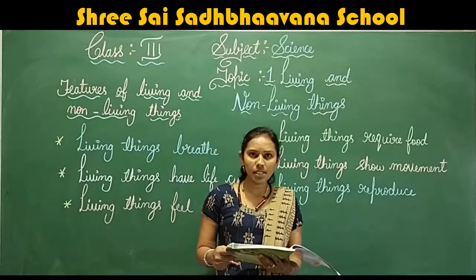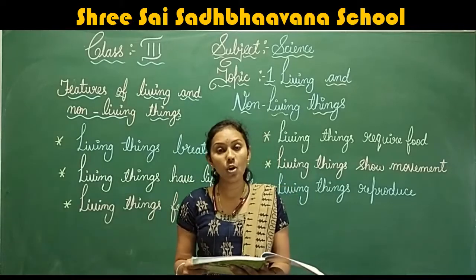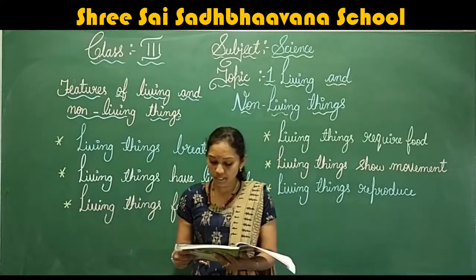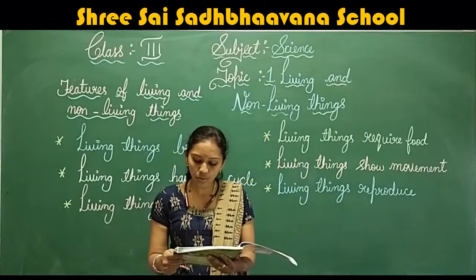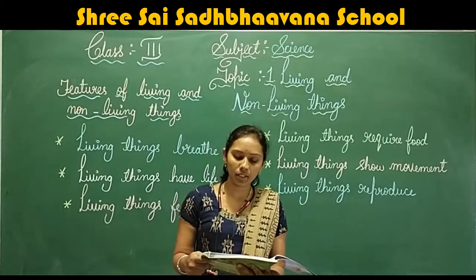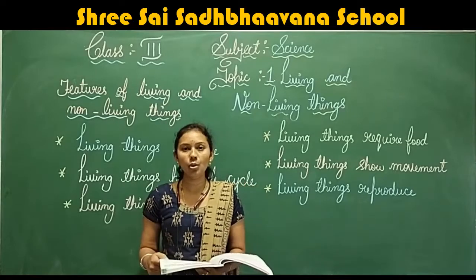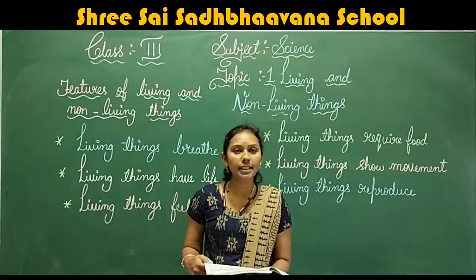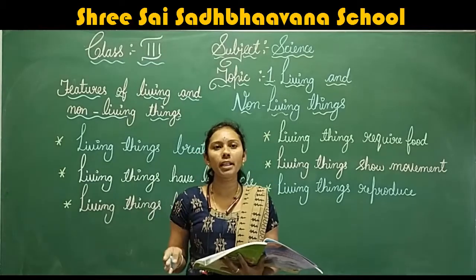Things like table, chair and fan are lifeless. They cannot move on their own. They need some external force to move from one place to another. Such things are called non-living things. So, things like table and chair cannot move by their own.